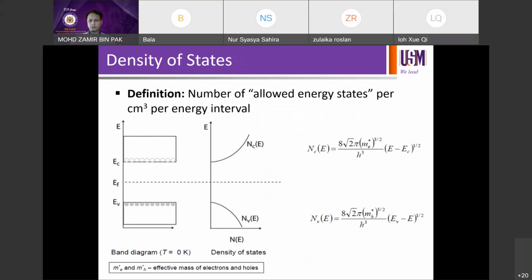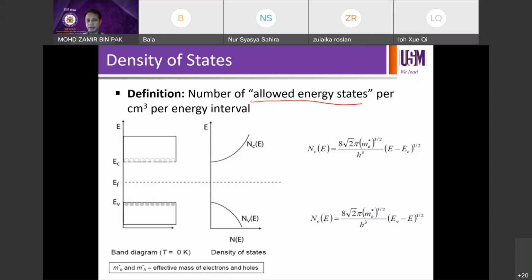So now let's move on to another concept that is important after the Fermi-Dirac distribution function. The second one is called DOS, density of states. So what exactly is density of states? Density of states can be defined as the number of allowed energy states per centimeter cube per energy interval. So it's the number of allowed energy states that can be occupied by your electrons or holes.